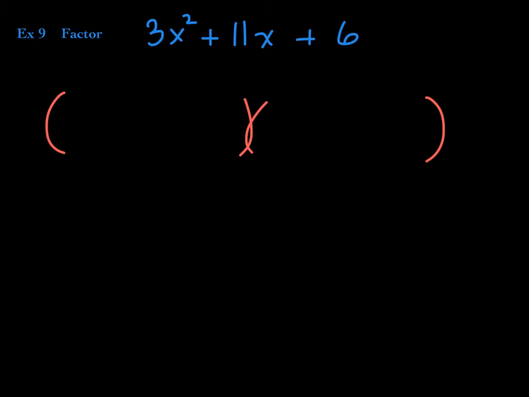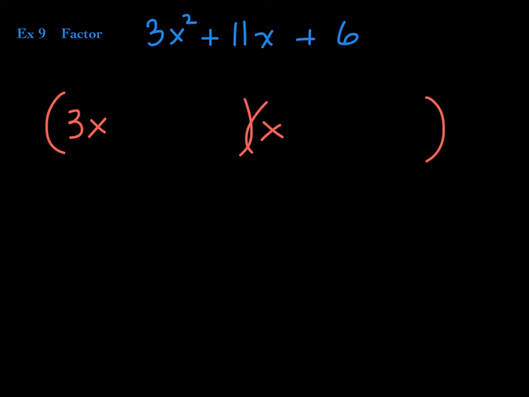All right, we know that this term times this term must give me 3x squared. That leads me to believe that one of the terms must be 3x and the other one must be 1x, because 3x times 1x gives me 3x squared.